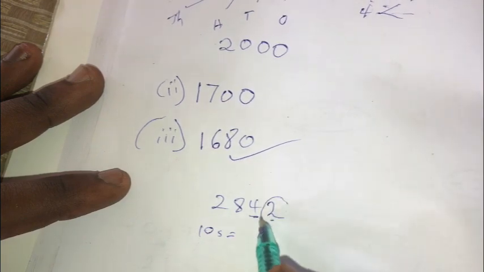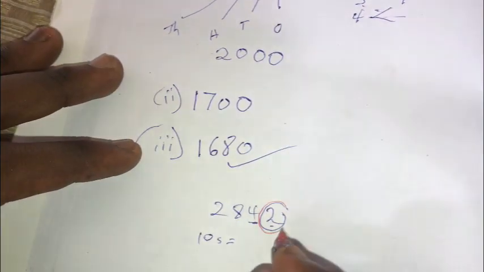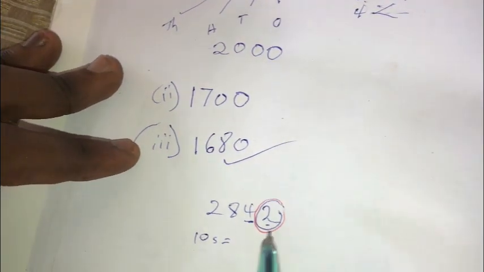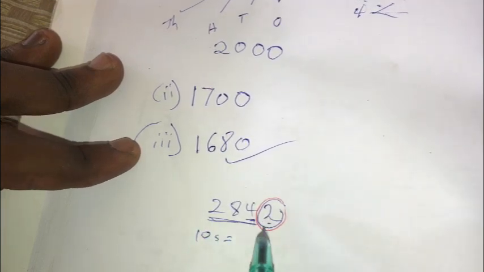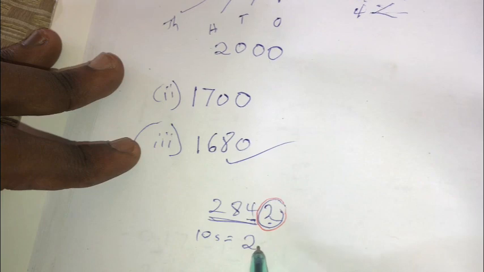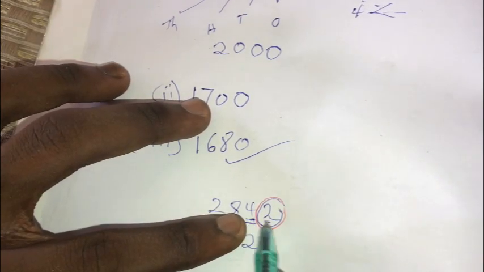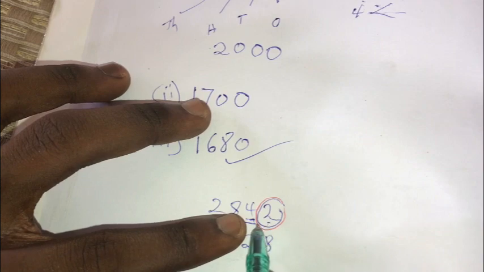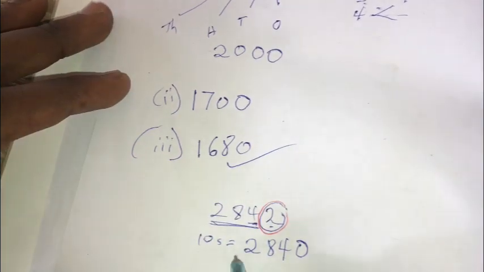This is not up to 5. So you maintain the 4. So rounding this number to the nearest tens, I'm going to get 2, 8, 4, 0. I'm not going to add anything to the 4 because the number after it is not up to 5. That's all.